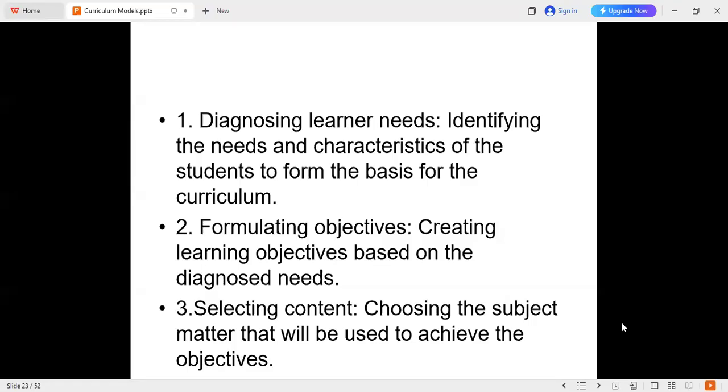The society's needs, the country's needs are addressed in this model. We can't simply teach. According to the Taba model, consider the problem that we had in our country.